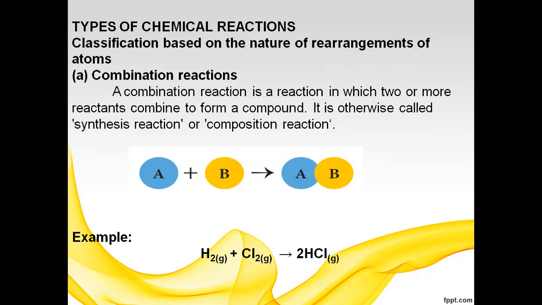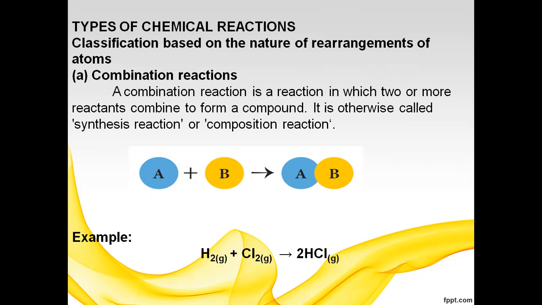Next, bond breaking absorbs energy and bond formation releases energy. So when atoms break a bond, energy is absorbed, and when a bond forms, energy is released. These things happen during chemical reactions.